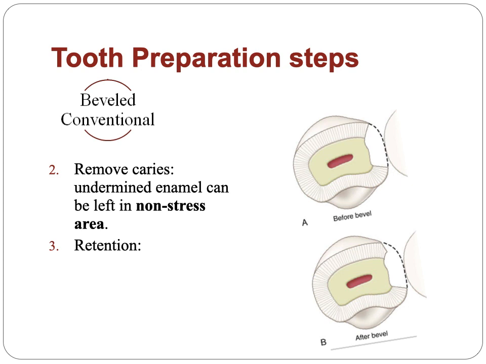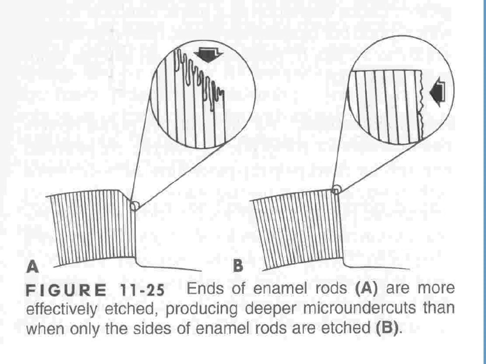After removing the caries, we will go for retention, and usually we use enamel bevels or retention grooves. Now, enamel bevel is very important in increasing the surface area that we are bonding. If you compare A with B in this diagram, in A we have a bevel, and this bevel exposes more ends of enamel rods that you can use for bonding.